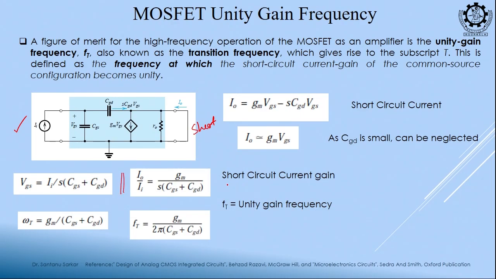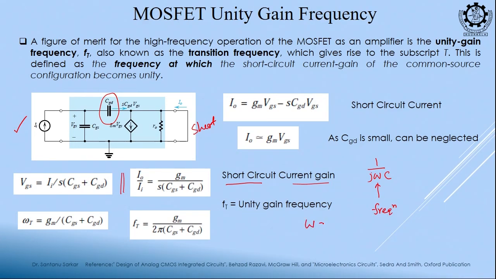So, this is known as the short circuit current gain. This is a gain, right. Output current by input current is the current gain and the output is shorted. So, this is the short circuit current gain, right. As there is a capacitance, what is the impedance? J omega C. So, some frequency component will be there, right.